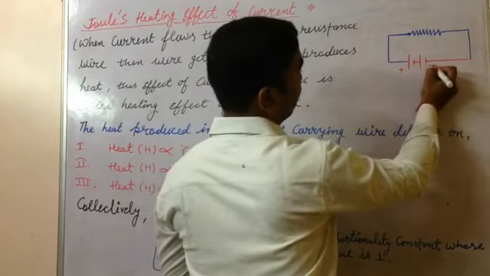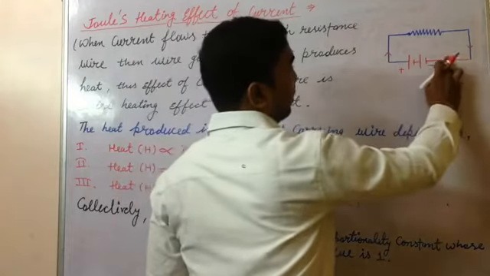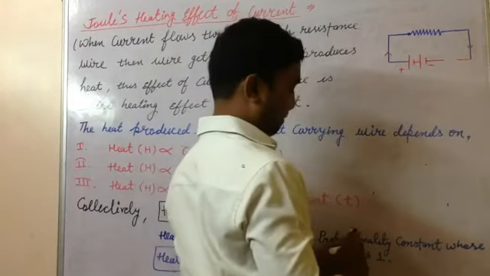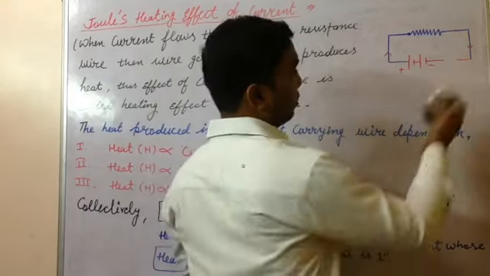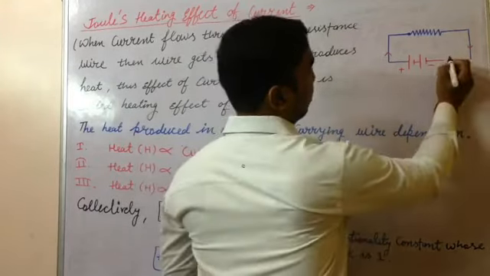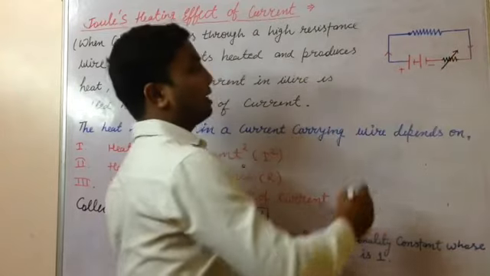Somebody asked me a question: what is a rheostat? We can connect a rheostat here. That's the symbol of a rheostat. It is just like a resistance, but we make an arrow like this.